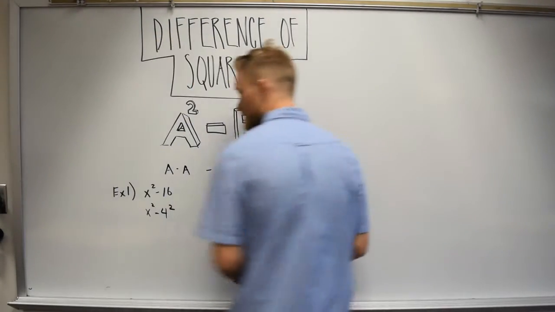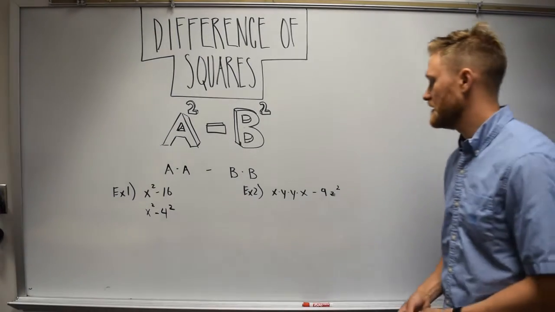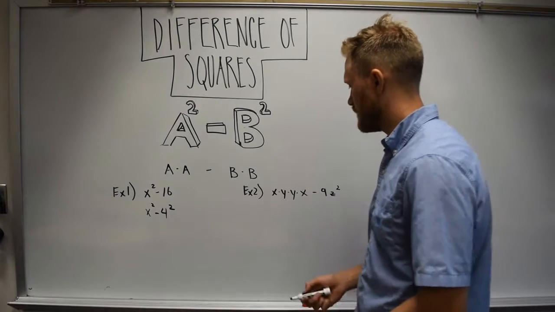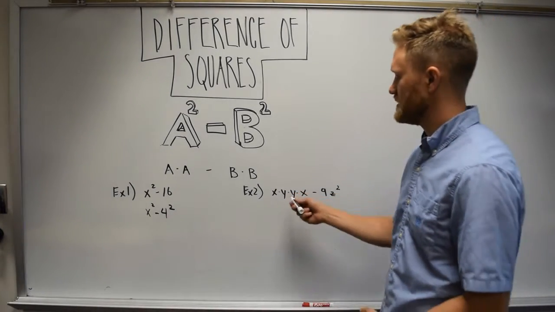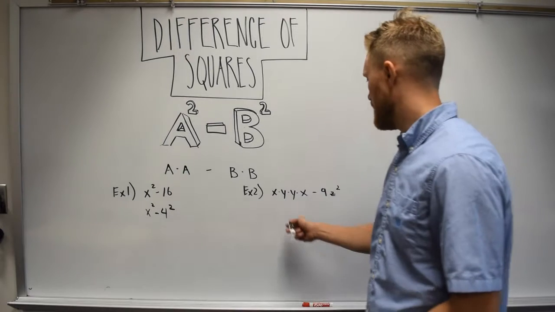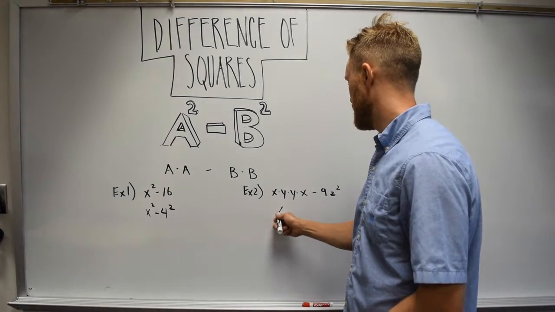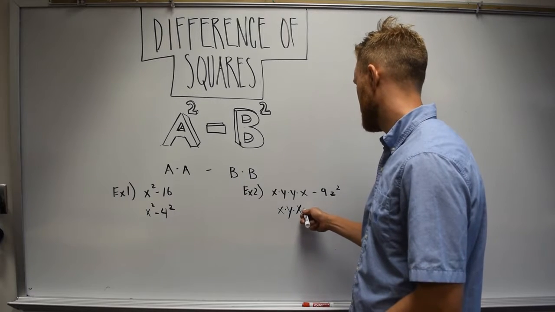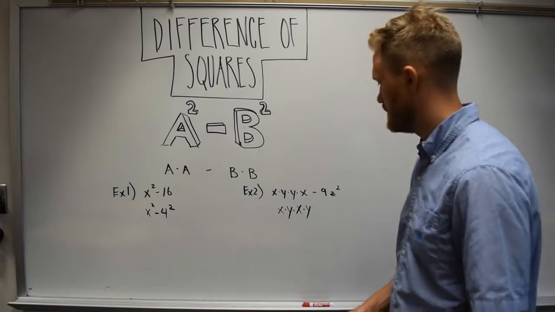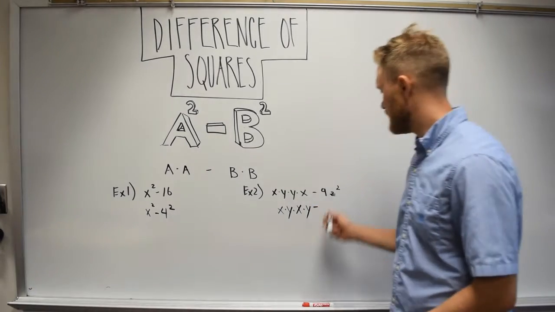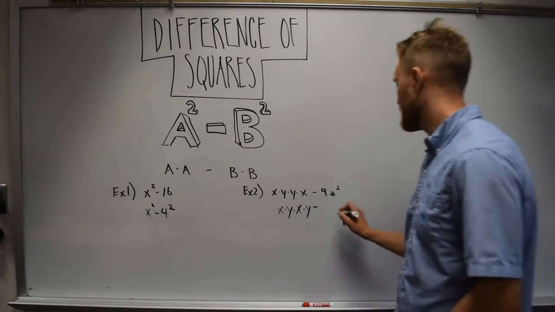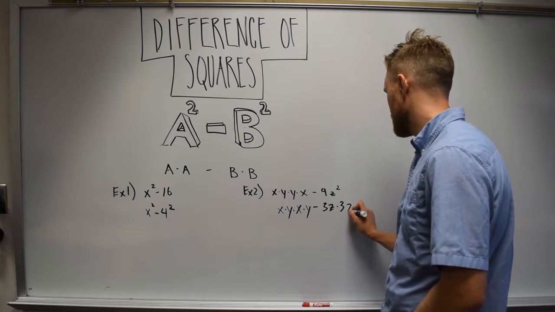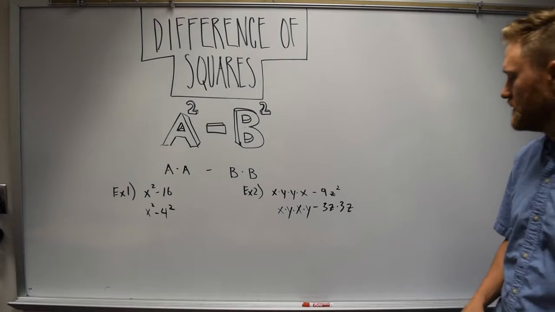In the next example, it's a little more complicated. If I look at this right here, I can change the order that I have right now. So right now I have x times y times x times y. I'm going to write that as x times y times x times y. And on the right side here, 9z squared, I can write that as 3z times 3z.